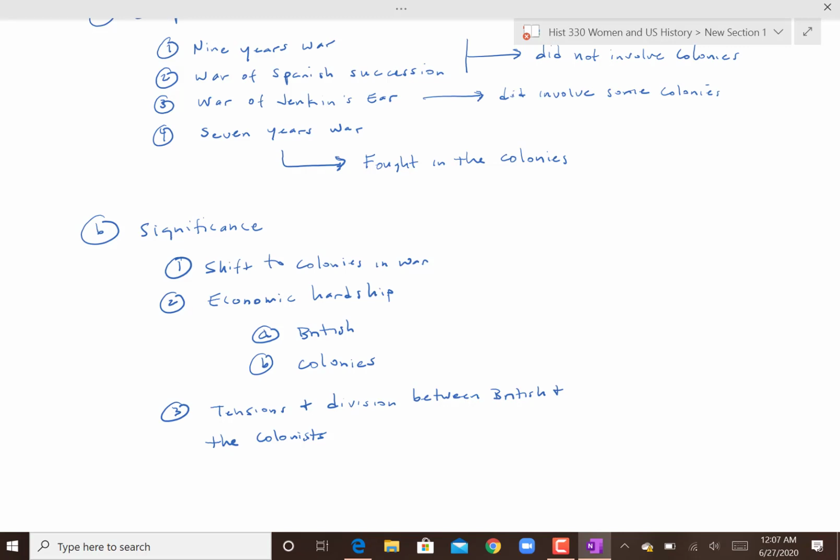And then there was a bit of snobbery there. Those British, we were bitter. The colonists, it was, you guys are stuck up and screw you kind of thing.